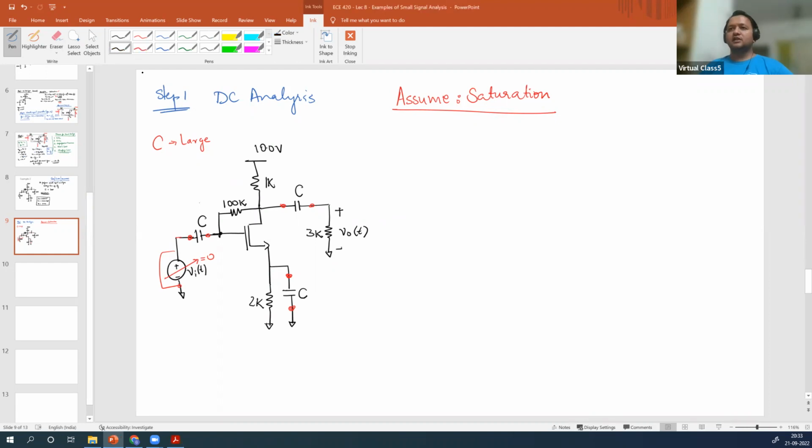So how can you redraw the circuit? Now if you redraw the circuit, there is no line here. This is open, so this voltage is taken off. This is 0. Now this is grounded, this is open, so this resistance is disconnected. It is only left here. So how does this circuit now look?